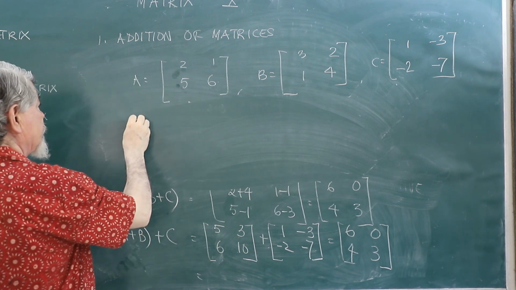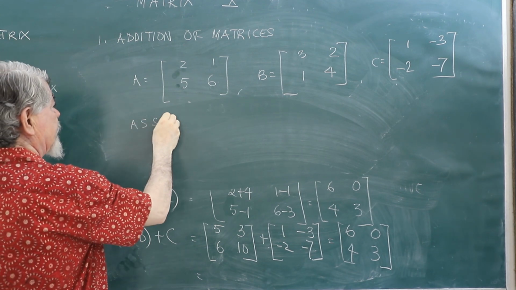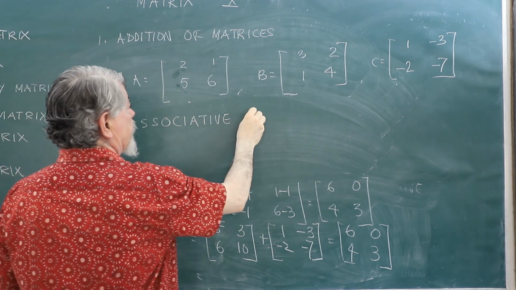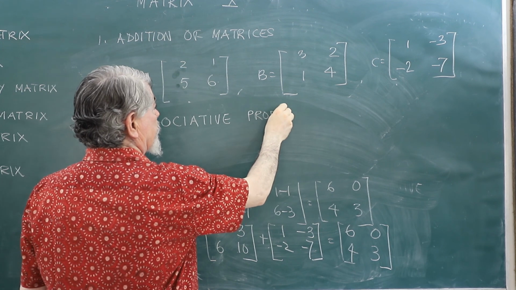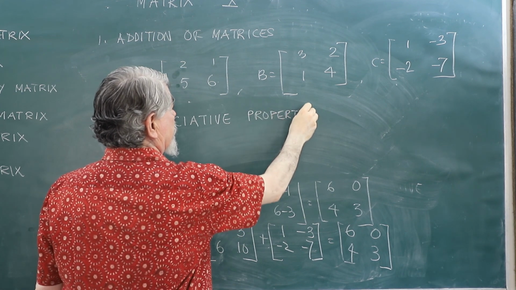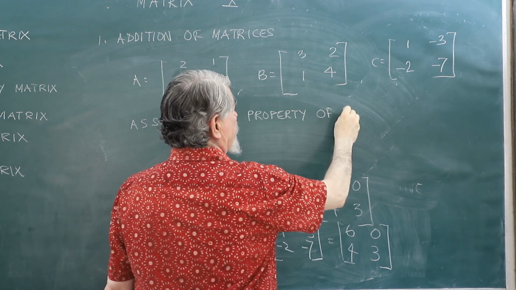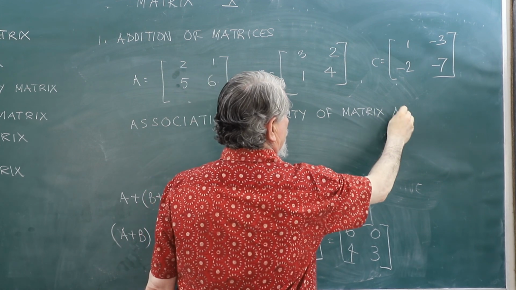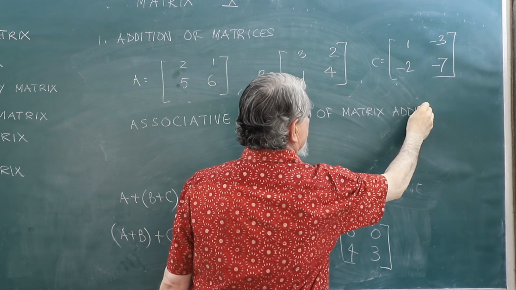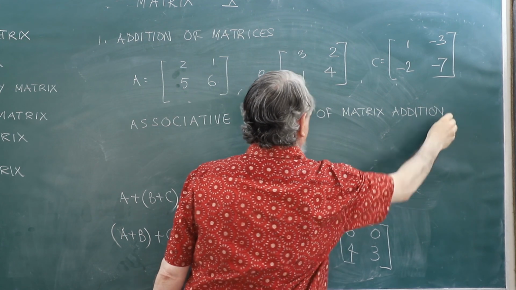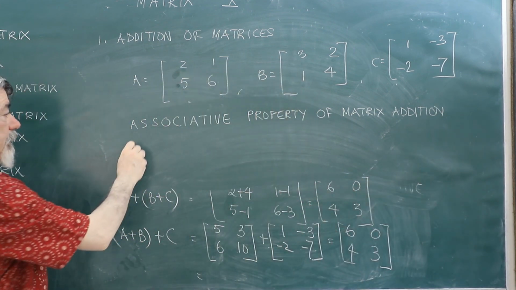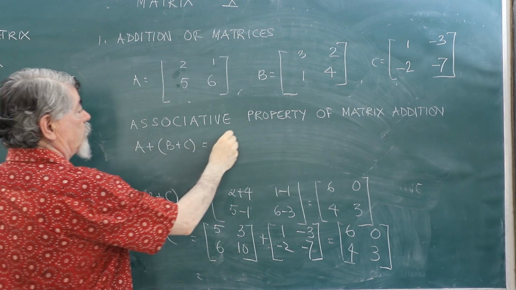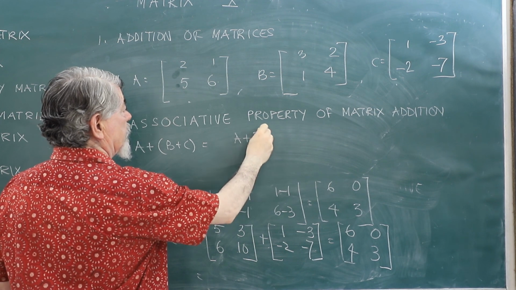So matrix addition satisfies associative property, that is A plus (B plus C) is equal to (A plus B) plus C.